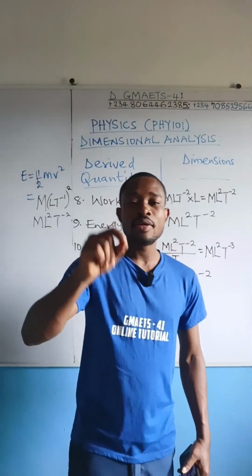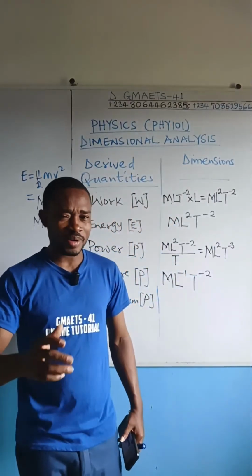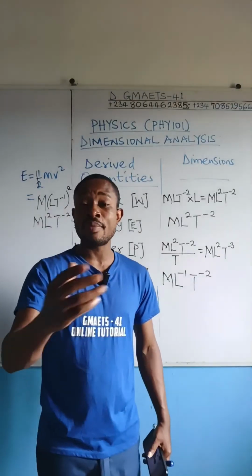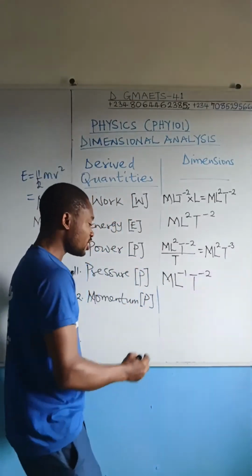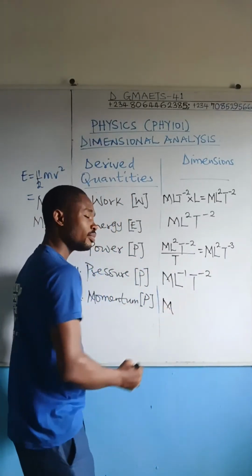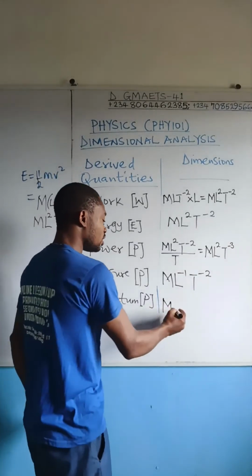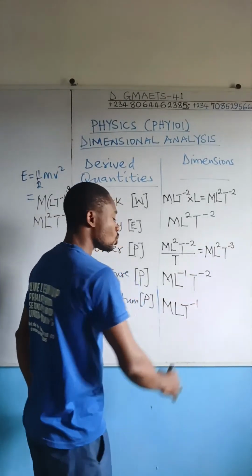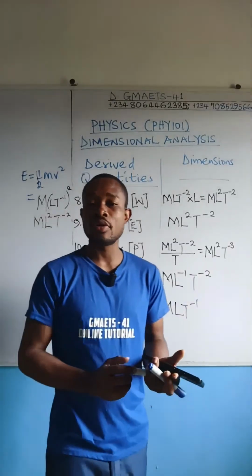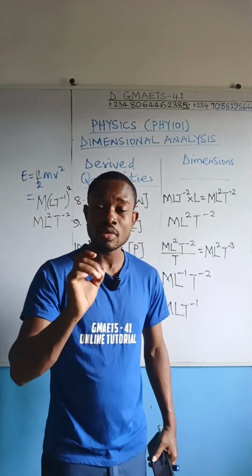So to get the dimension of momentum, it is simply the dimension of mass times the dimension of what? Velocity. And what is the dimension of mass? Capital M. What is the dimension of velocity? L T raised to power minus 1. Mass times velocity gives you momentum of a quantity.